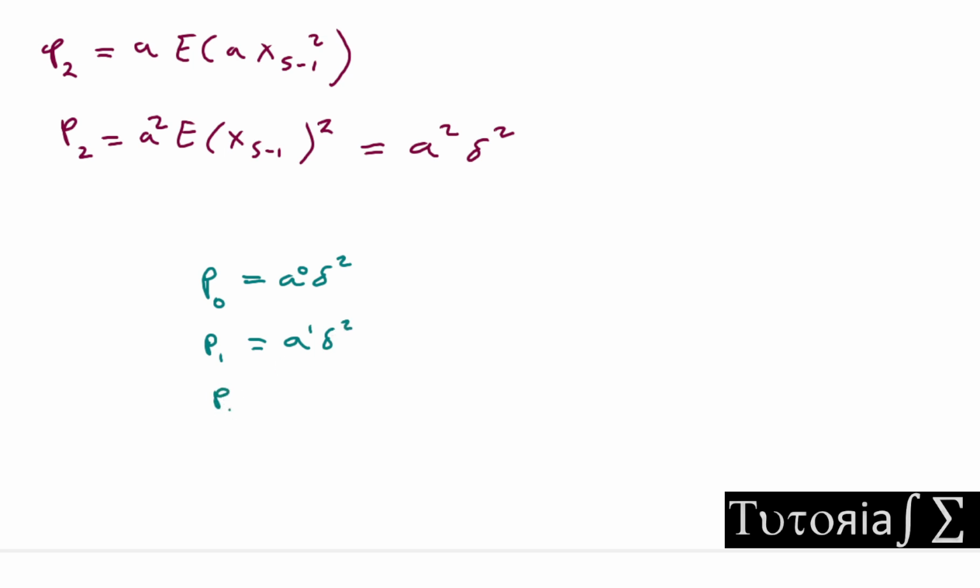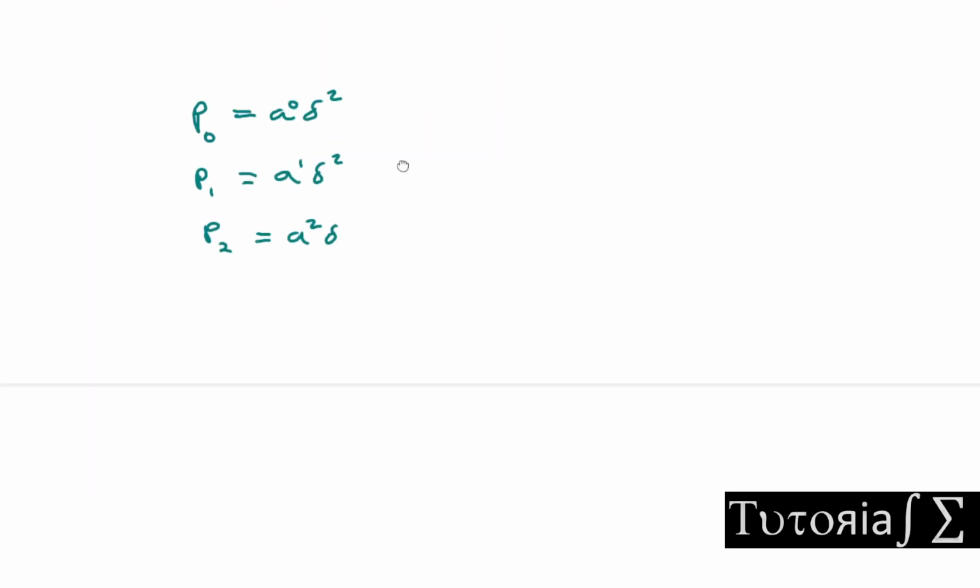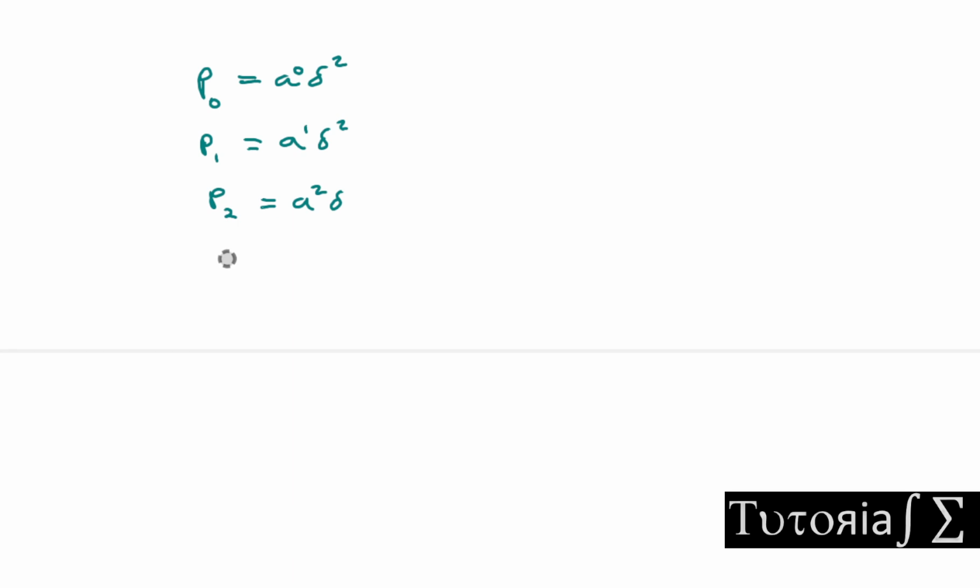Row 2 was equal to a to the power 2 times the variance. We see that the trend continues. So for row k, this will be equal to a to the power k times the variance. Okay, that is for row k.